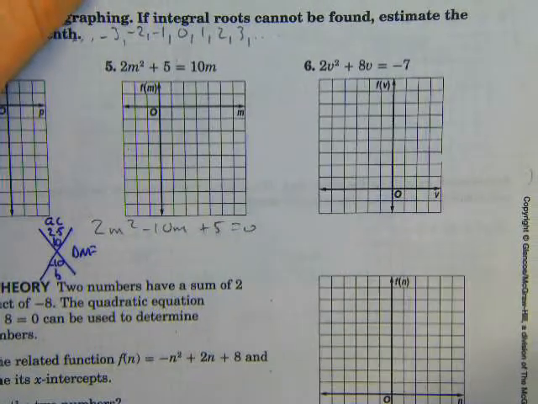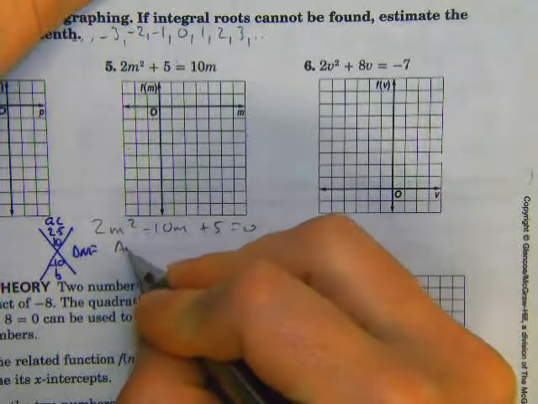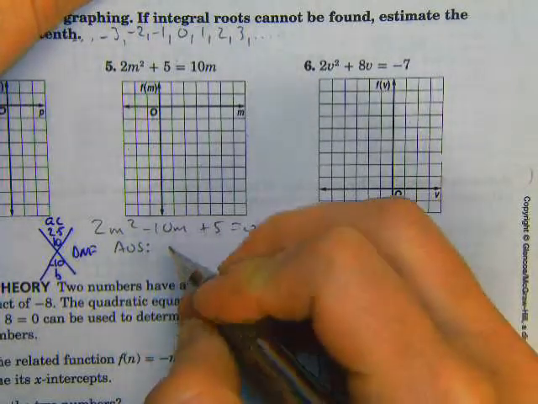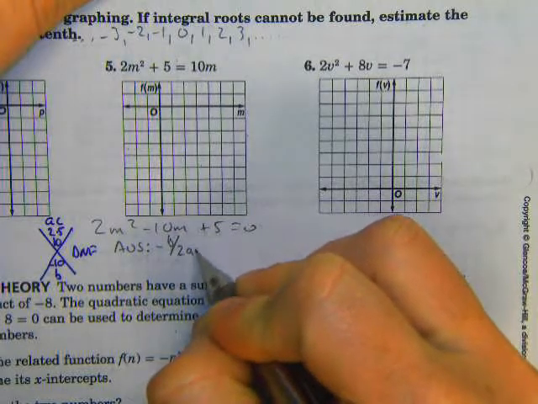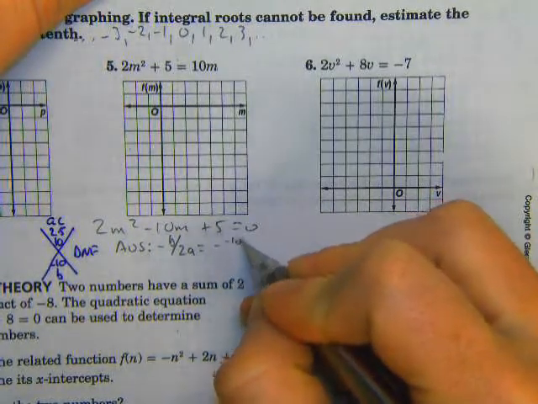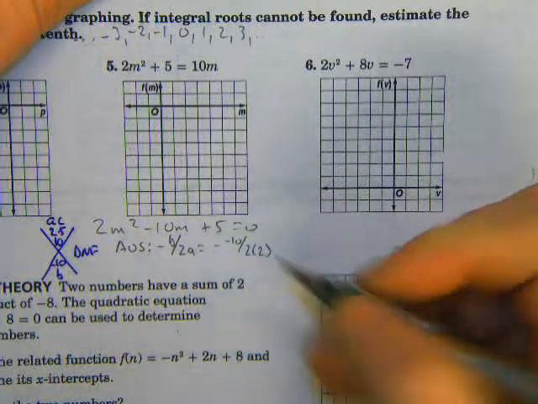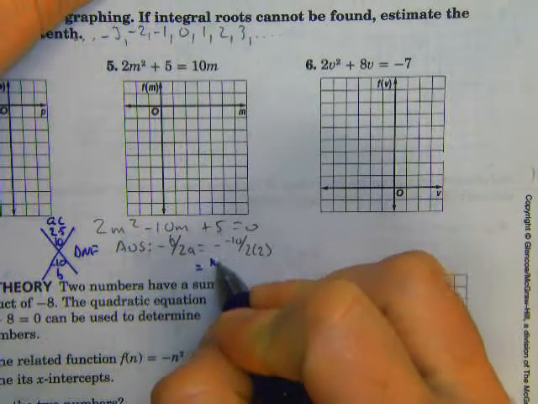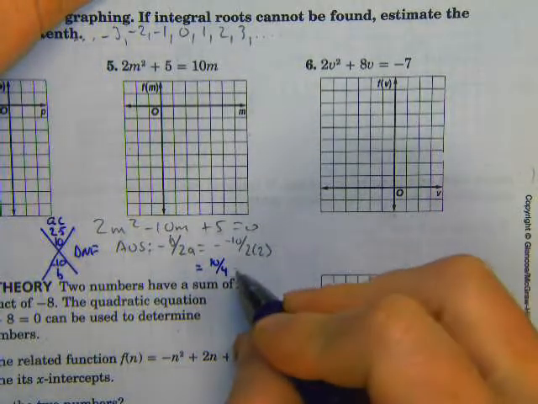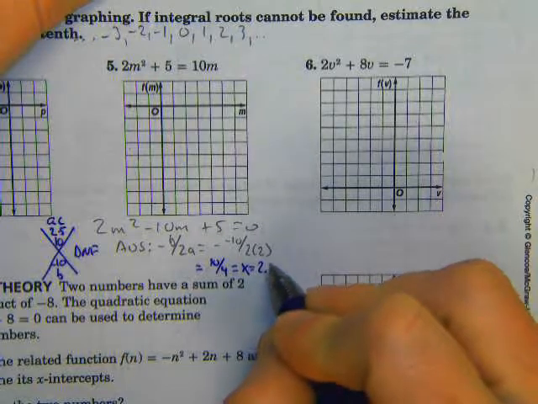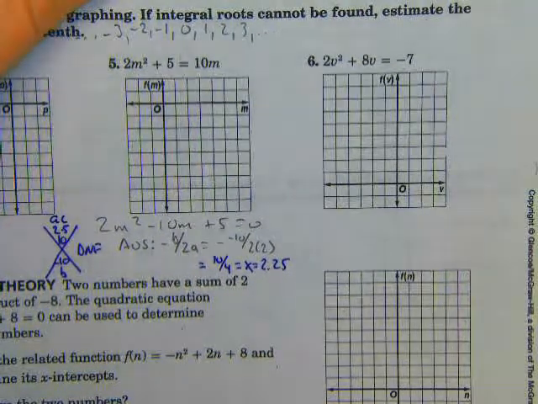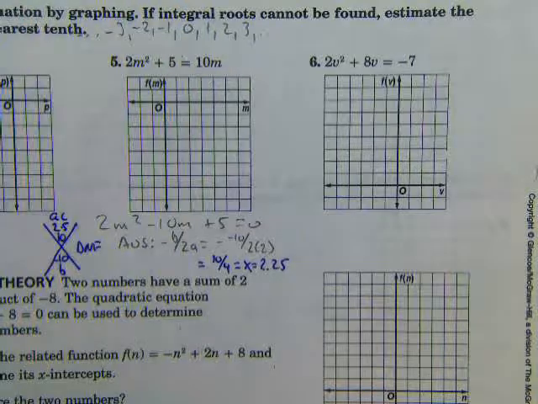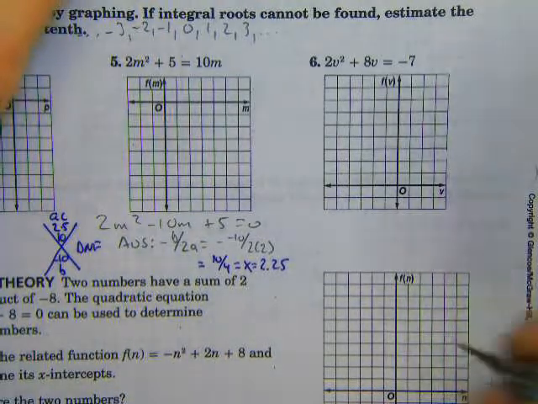So axis of symmetry, -b over 2a equals minus 10 over 2 times 2, which equals 10 over 4. So x is 2.25.